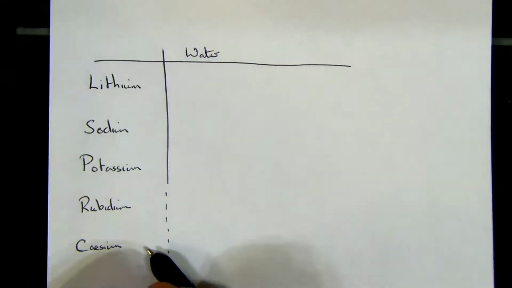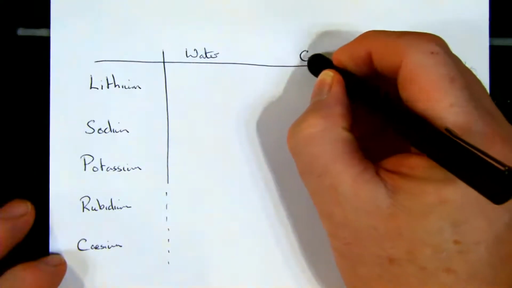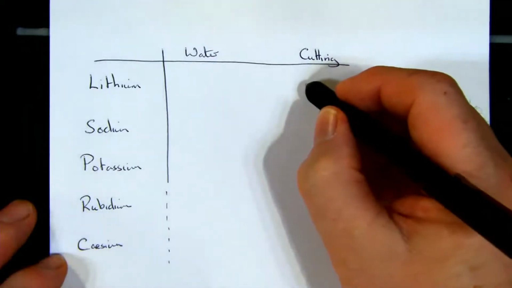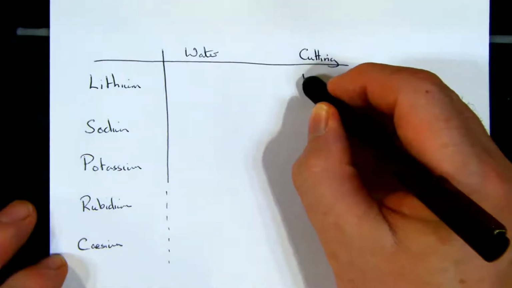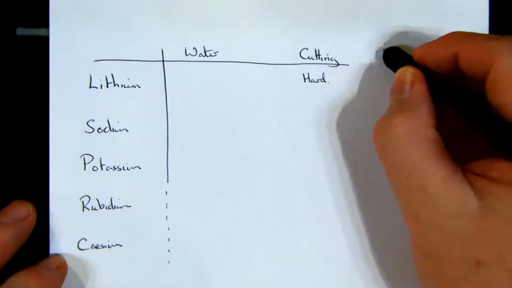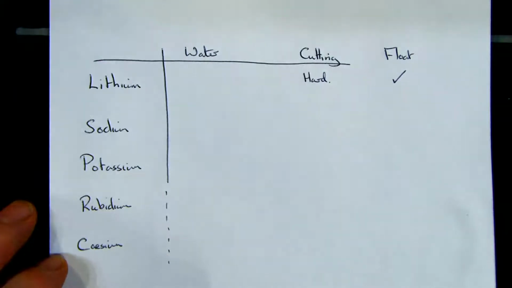So let's see what we've managed to find out here. Lithium reacting with water, and we'll also put here cutting it to give some idea. So this was quite hard to cut. We can say whether it floats or not, and the case is that one, yes it is.